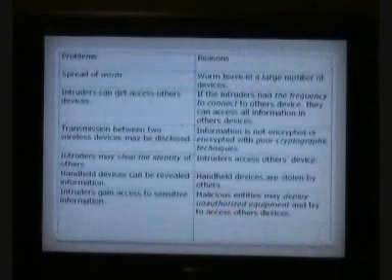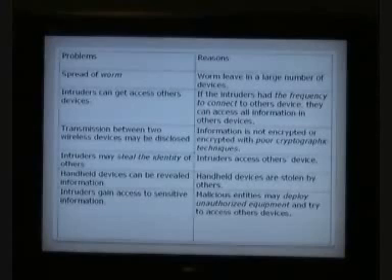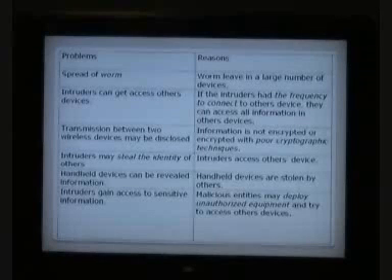Here are some security problems of Bluetooth. Many wounds live in a large number of devices. It is because the speed of an eventual Bluetooth wound.